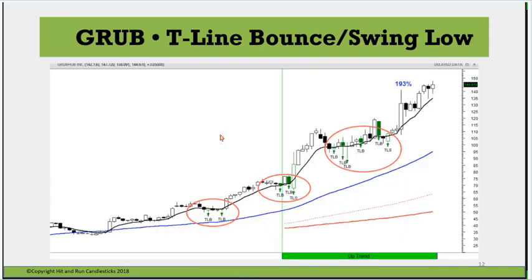Okay, so let's look at GRUB. This is a weekly chart of GRUB, because I want you to know that I predominantly trade from a daily chart. I look at daily charts, 2-day charts, 3-day charts, weekly charts. I'll look at 60-minute charts, sometimes a 15-minute chart. But most of the time I go up, I don't go down.